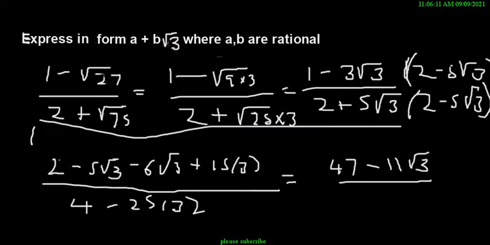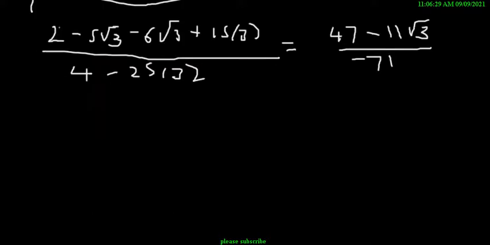over 25 times 3, which is 75, minus 4, sorry, 25 minus 4, which is going to be negative 71, and from here we say 47, negative 47 over negative 71.